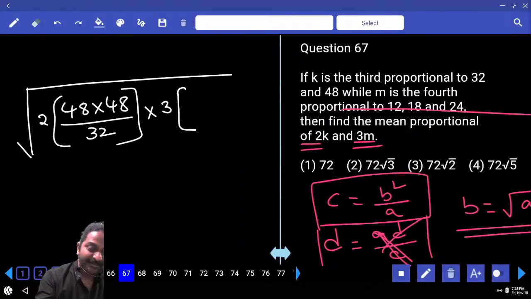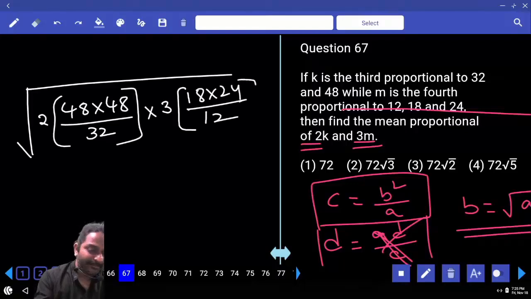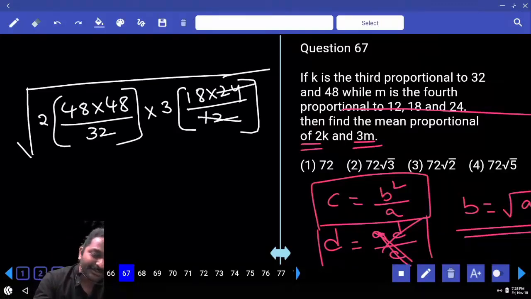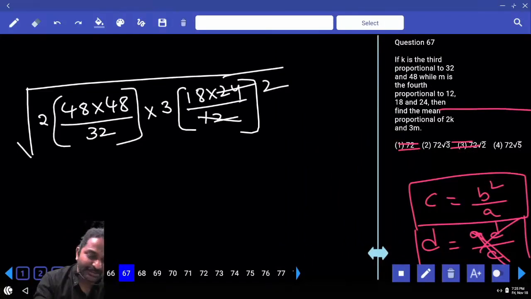AD is equal to BC, so D is equal to BC by A should be written. Yes, I am sorry. 12 how many times? 2 times. Then 2 16 times, 16 3 times.